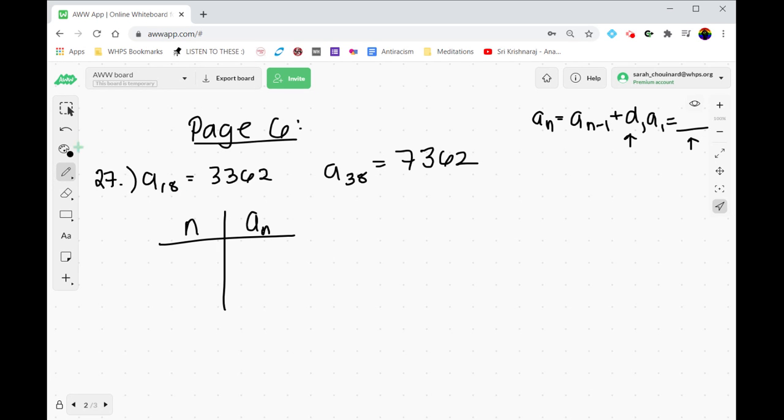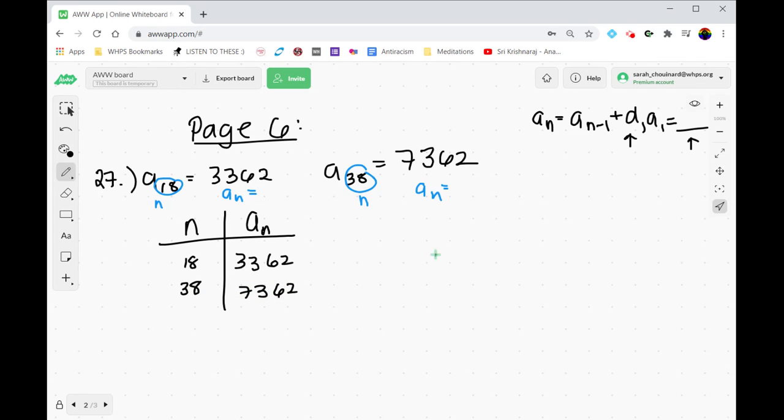Like I showed you on the last slide, 18 is n, 3,362 is a sub n. Here, 38 is n, and 2,362 is a sub n. So in my table, I'm going to write 18 matched with 3,362, and then 38 matched with 2,362.